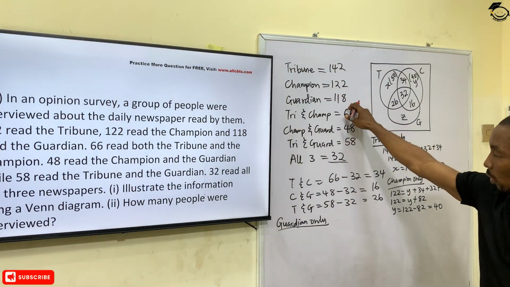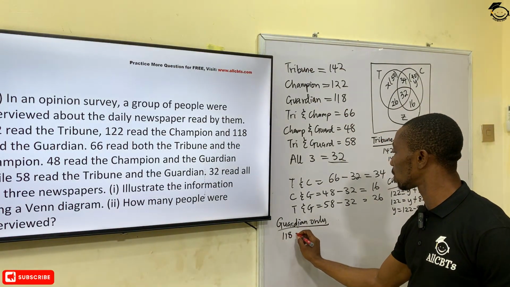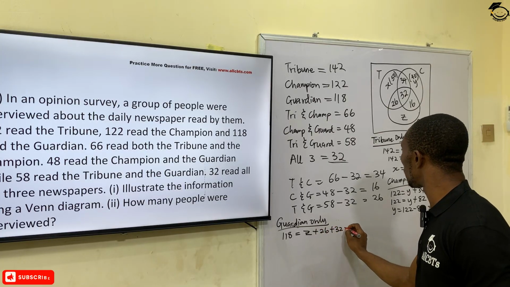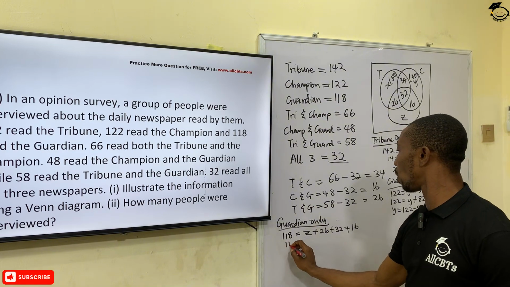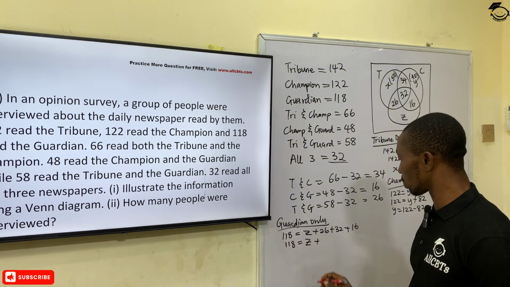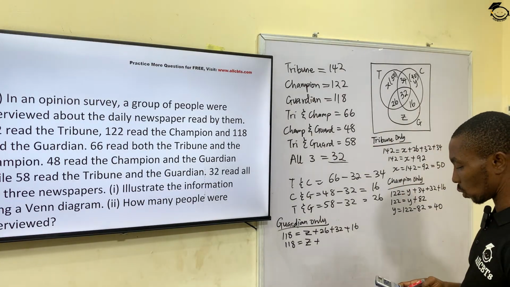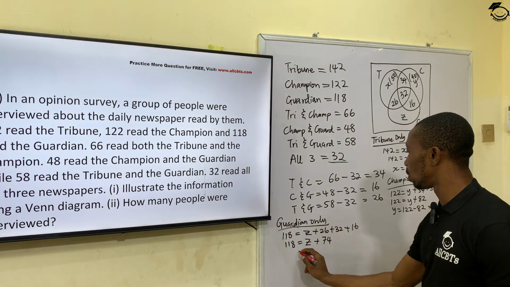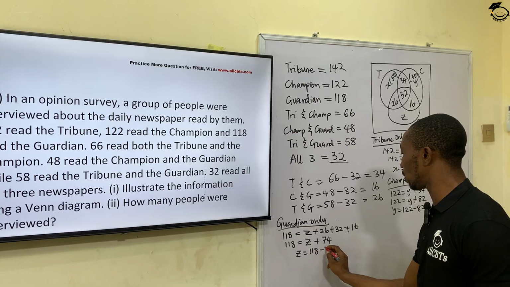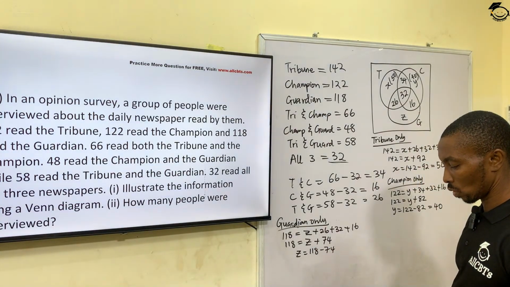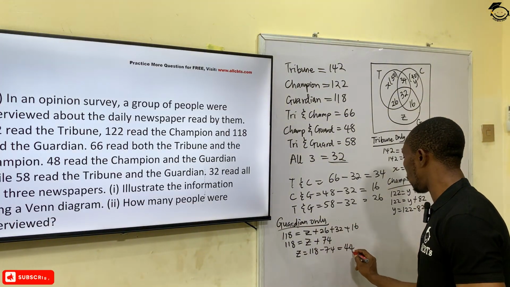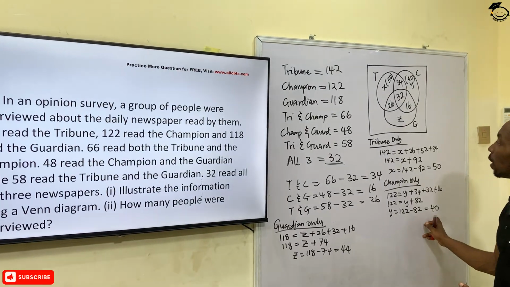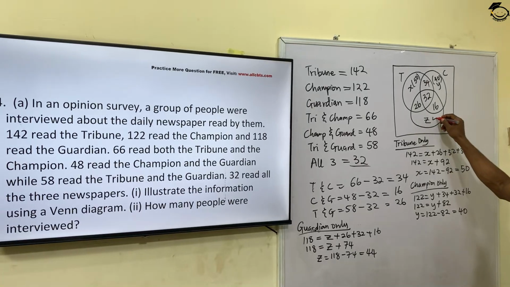Now, we have a total of 118. 118 equals z plus 26 plus 32 plus 16, which would give us 74. So z equals 118 minus 74, which gives us 44 people. Now, 44 people read Guardian alone, 40 people read Champion alone, and our Tribune only is 50.